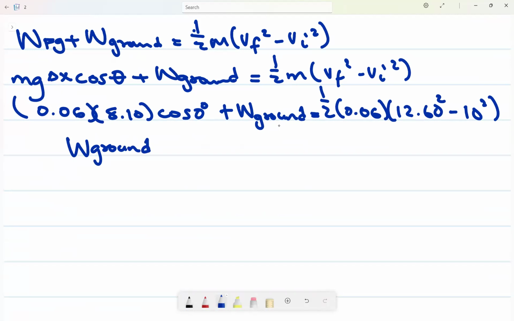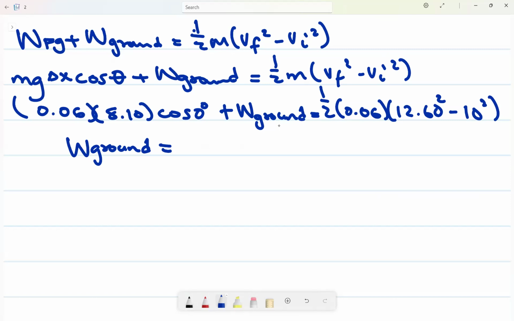Work done by the ground is equal to 0.5 multiplied by 0.06 multiplied by 12.60 squared minus 10 squared, then subtract 0.06 multiplied by 8.10 multiplied by cosine of 0, which is 1.